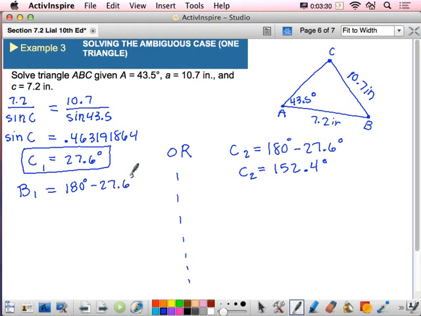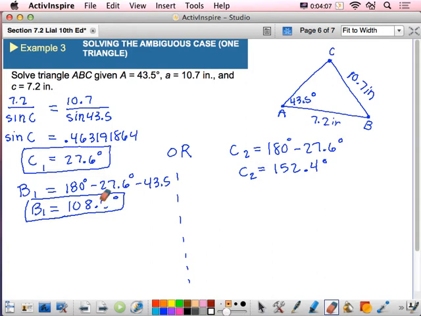So it looks like capital B1 must equal what? 108.9 degrees. Is it 5 or 9? I got 9. Okay, well, I just can't write. It is a 9. Let's fix it.